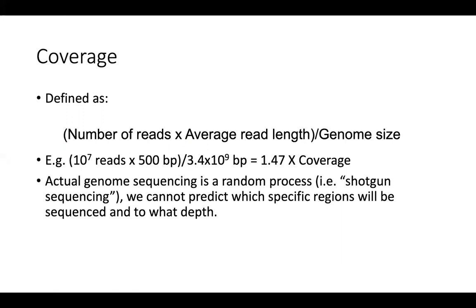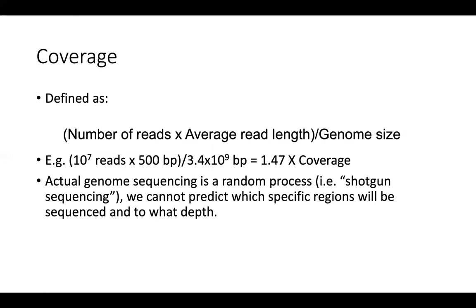So that is our numerator. It's basically the total number of bases that we sequenced, right? Because the number of reads times how long each of these reads are on average gives us the total number of bases that were sequenced. And this is then divided by the genome size to normalize the sequence effort by how big the genome is that we're trying to sequence.